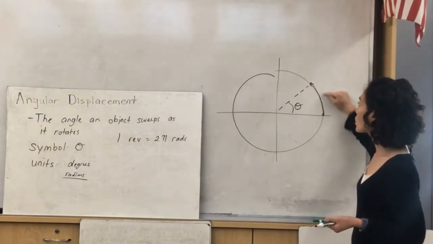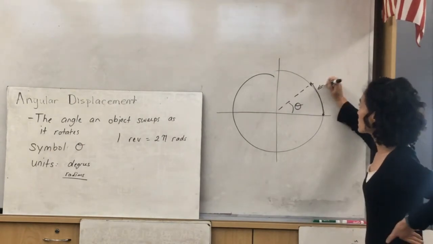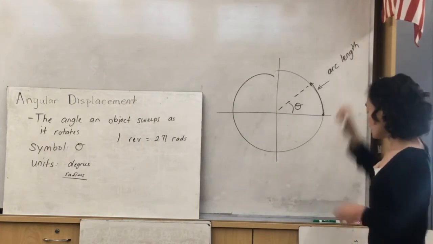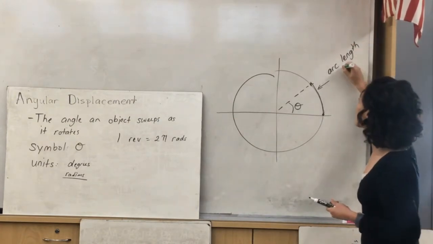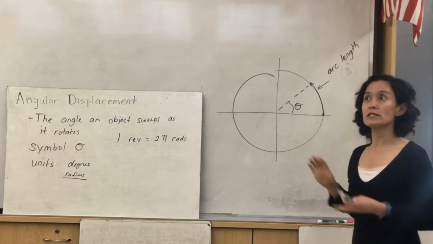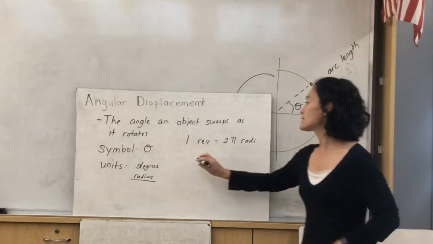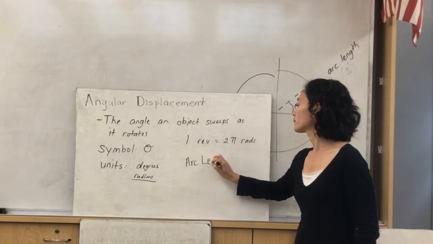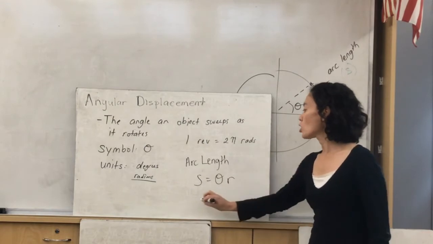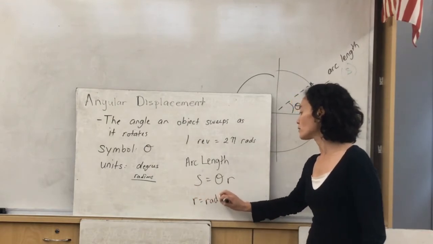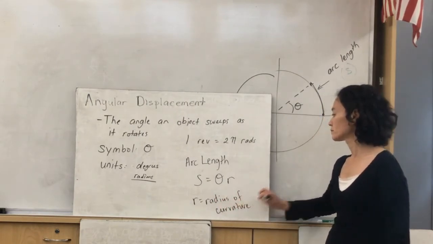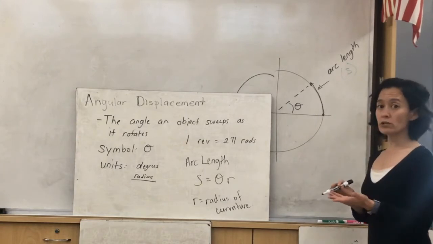This is also called the arc length, a little bit of review from geometry, and we symbolize that with an S. The link from the linear quantity to the angular quantity is that S is equal to theta times r, where r is the radius of curvature. So that's the angular displacement.